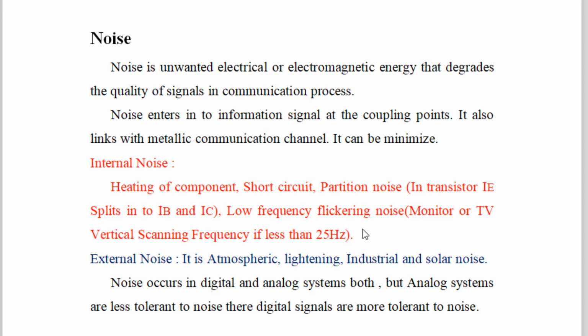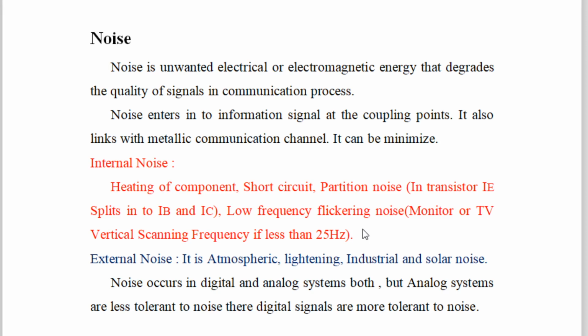And if the same screen appears more than 25 times in 1 second, then it is said that the screen is not flickering, because your eyes cannot notice such a high rate of change of one frame. So if the entire frame of the television, that is the screen, changes at the rate of 25 frames per second, then you say there is no flickering.